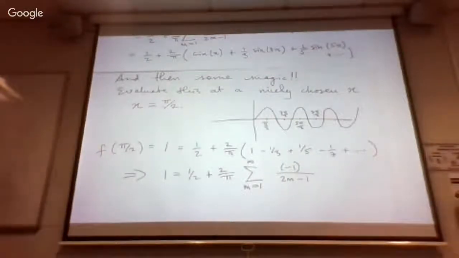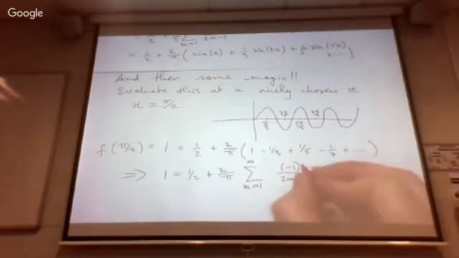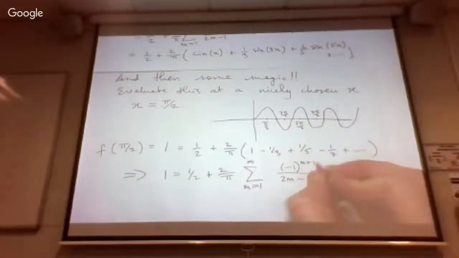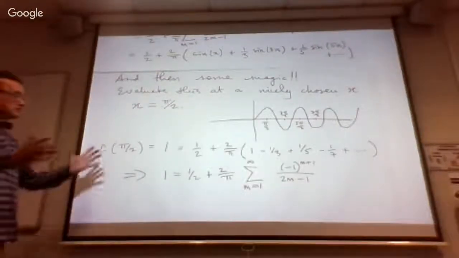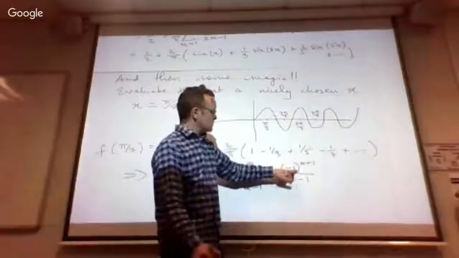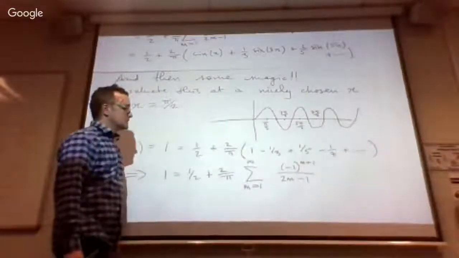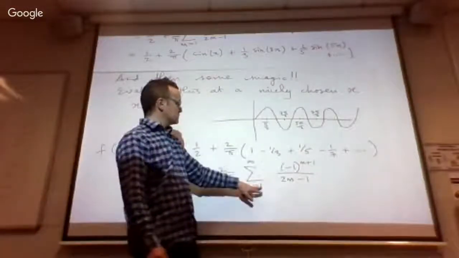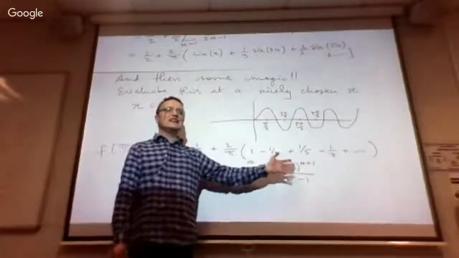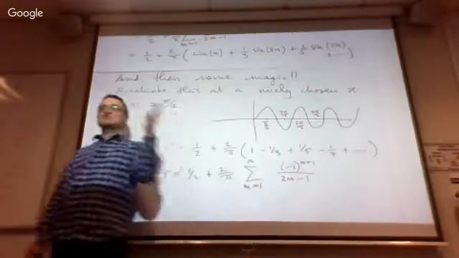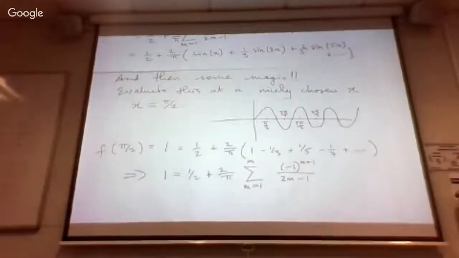So you have to add or subtract 1 from m. It's just your choice whether you prefer positive or negative. Of course, we should prefer positive. So -1 to the power m plus 1 gives us a plus sign when m equals 1, so it gives +1 over 1. That's just a nice way of writing the alternating series of the reciprocals of the odd integers.